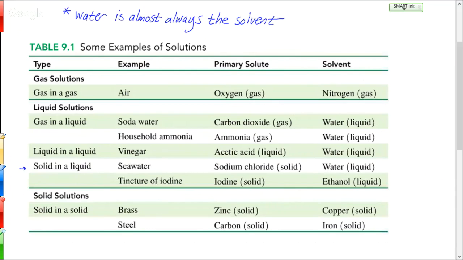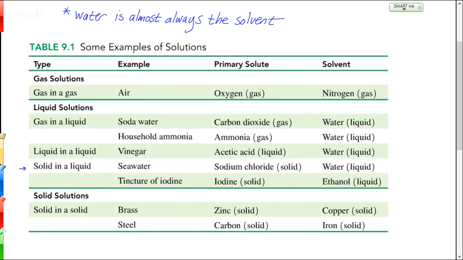So the solid and the liquid we've talked about, like salt, water, dissolving sugar in water, that kind of stuff. But you can dissolve gas in a liquid. You can dissolve carbon dioxide in a liquid. Oxygen is dissolved, like for fish, right? Fish couldn't survive if they couldn't get oxygen out of the water. That's because the oxygen is dissolved in the water. So that's a solution of oxygen in the water.